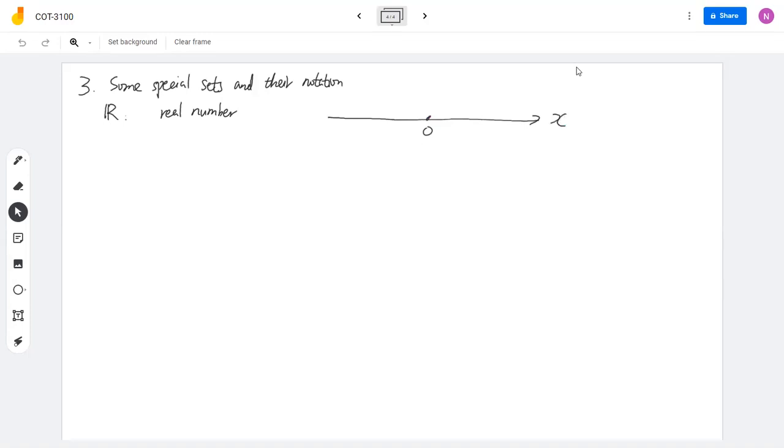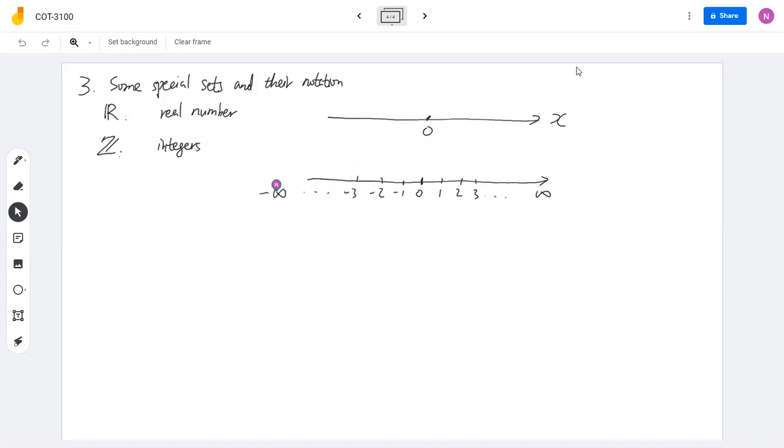And the next set we usually encounter in this course is Z, the set of integers. Okay, similarly, we use a real axis, but now it's not every element on the axis; we have 0, 1, 2, 3, and so on and so forth, to infinity, and then we have -1, -2, -3, and so on.